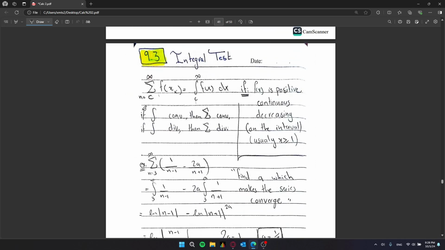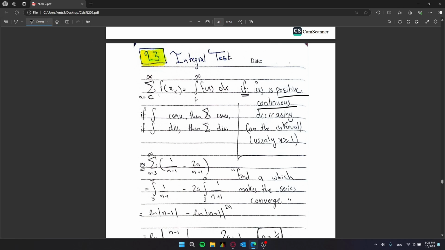The integral test tells you that if the integral of a series converges, then the series itself converges, and if the integral diverges, then the series itself diverges, on the condition that f of x is positive, continuous, and decreasing. What does positive mean? If you substitute any value of x, you're going to get a positive answer. What does continuous mean? There is no disconnection in the graph, so for example, f of x cannot be 1 over x, because 1 over x is discontinuous at x equals 0.